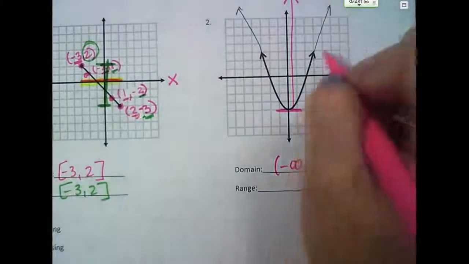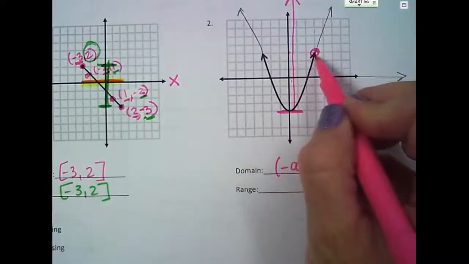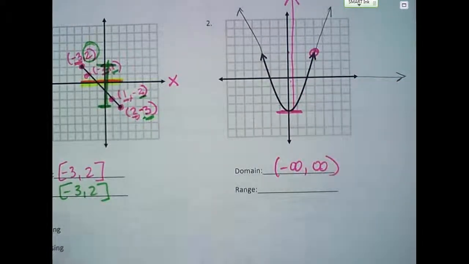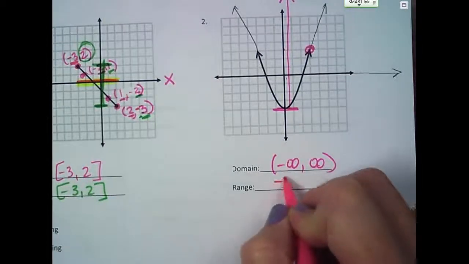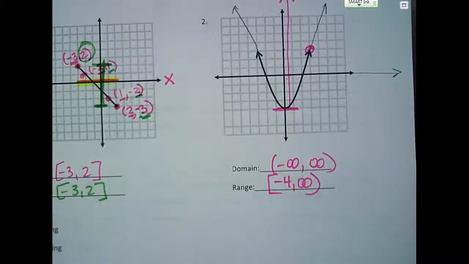Because in order to get this point right here, I've got to go up however many, in order to find the point. Okay? So lowest would be -4 to the highest, infinity. Notice -4 gets a bracket because at -4 it's a closed circle, it's not open. Domain and range. Correct? That's algebra 1.